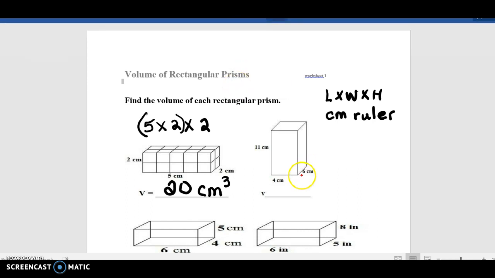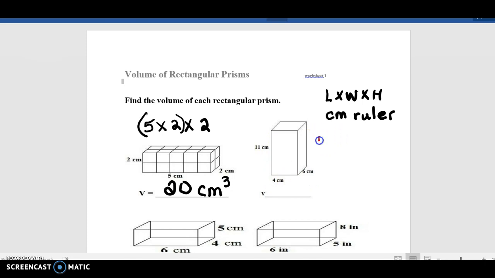All right, so for this one, because multiplication is commutative, you can say 11 times 4 times 6, or 4 times 6 times 11.